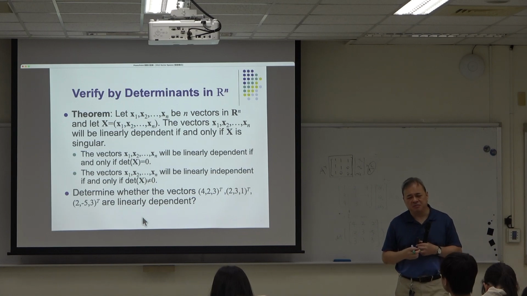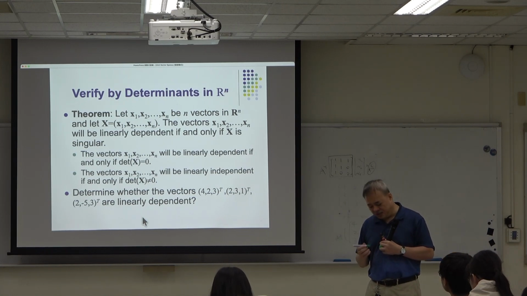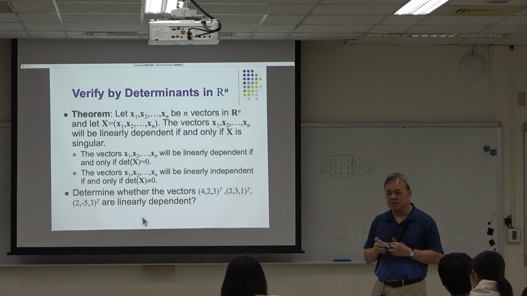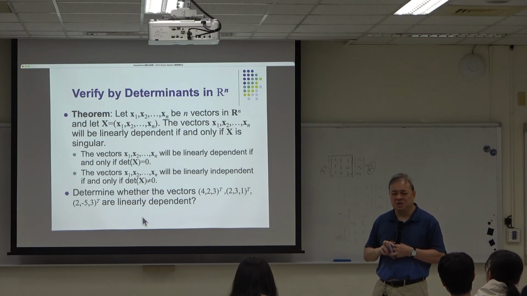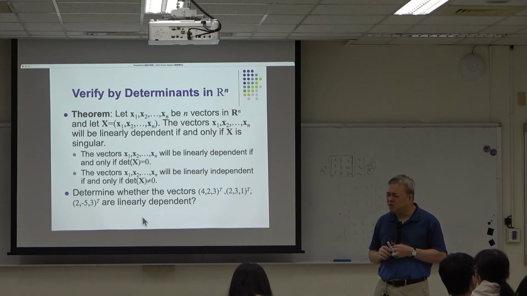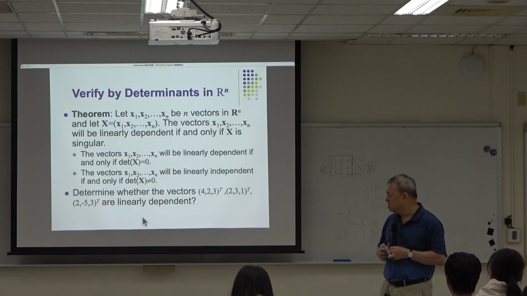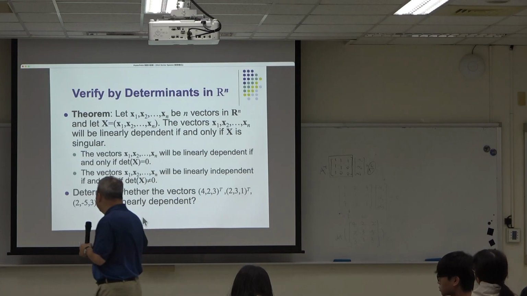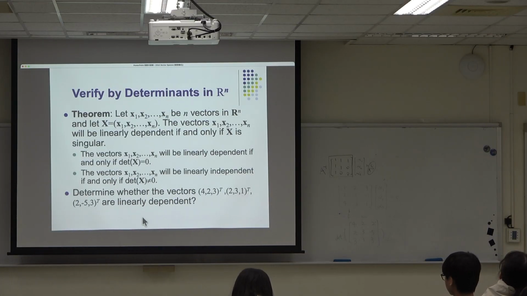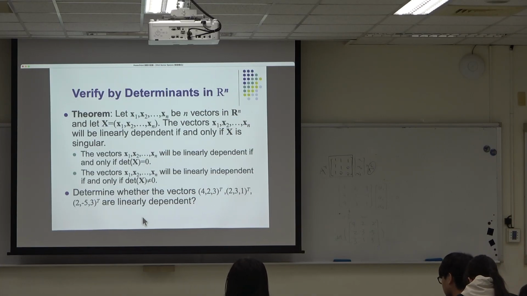I'll stop here, because calculating the determinant of a 3 by 3 matrix is something you should have learned in high school, or junior high. So I will just leave that to you. But basically, you can use this theorem, whatever we have discussed now, to determine if these 3 vectors are linearly dependent.